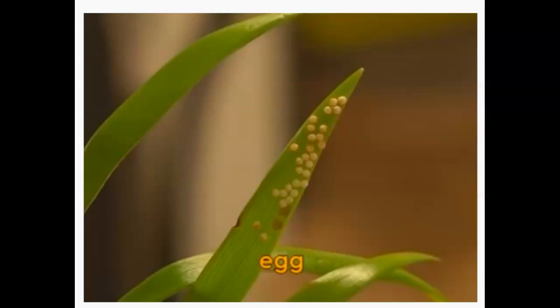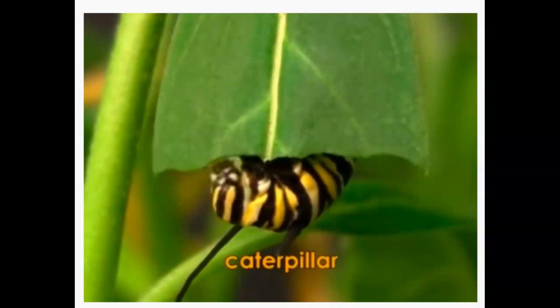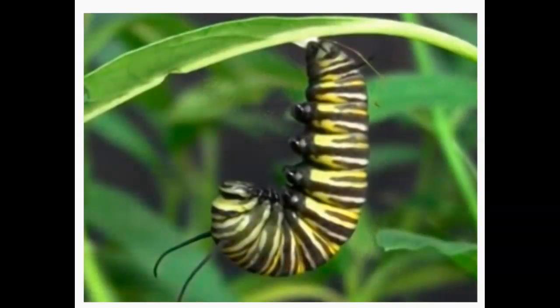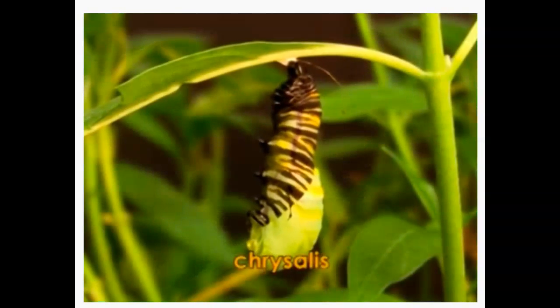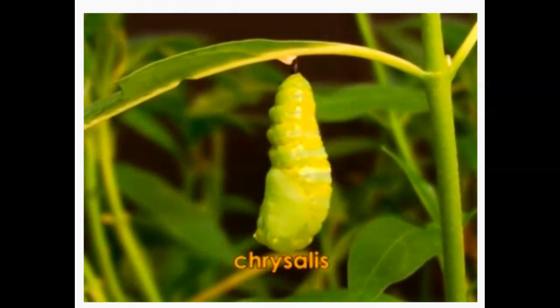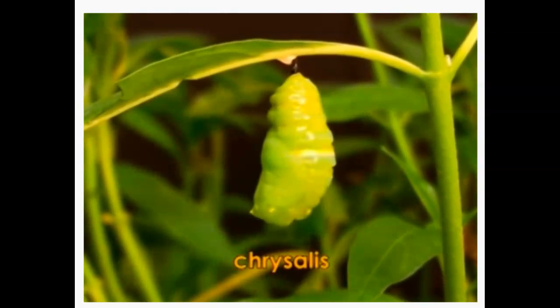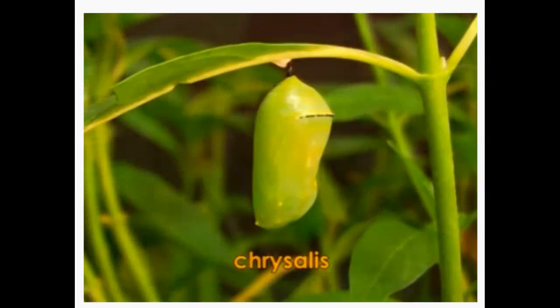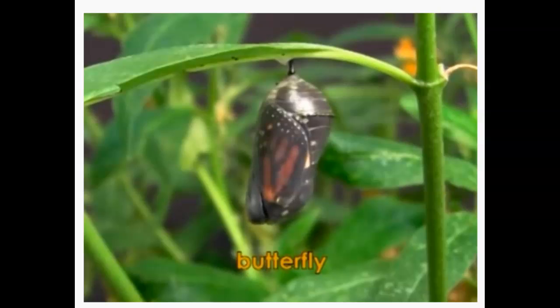They're so tiny and hard to see. The eggs hatch into a small caterpillar. It munches lots of leaves and gets bigger and bigger. The caterpillar hangs in the shape of a J. A chrysalis is formed, the caterpillar is changed. When the caterpillar's changes are all done, a beautiful butterfly it has become.